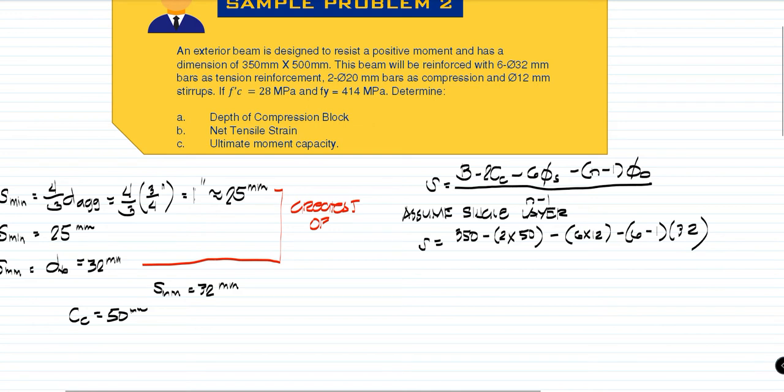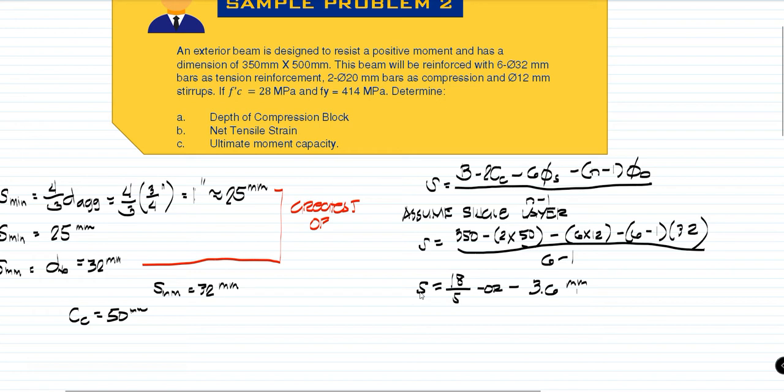Then divided by 6 minus 1. So our clear spacing from this equation will be equivalent to 18 over 5 or approximately that is 3.6 mm.